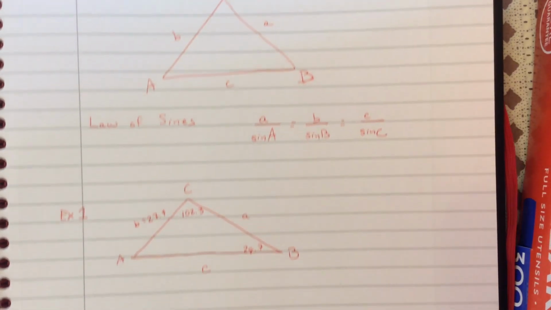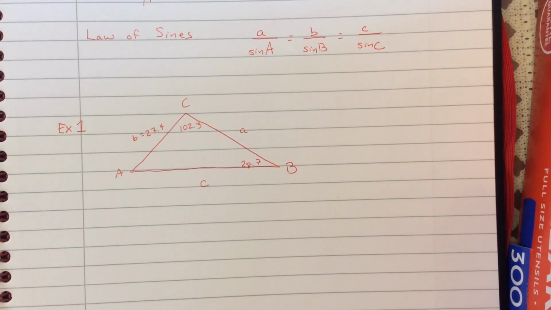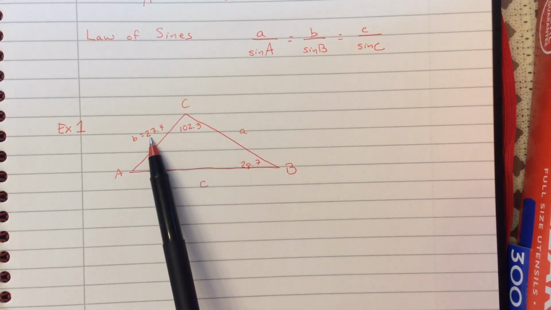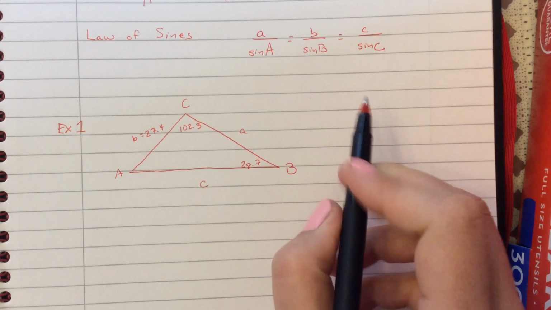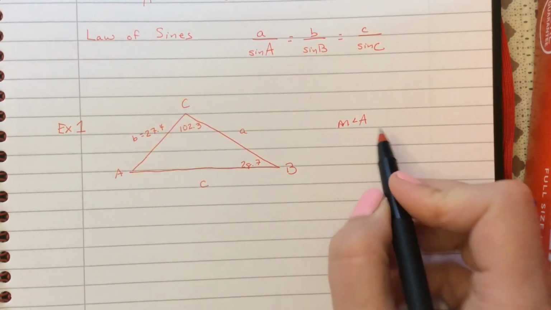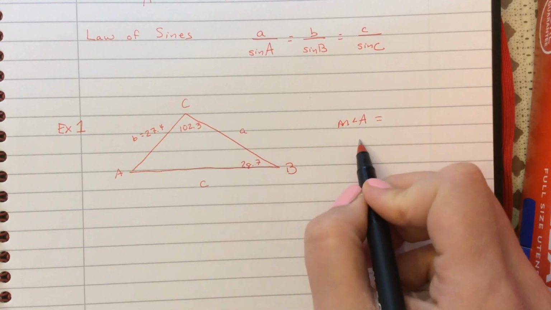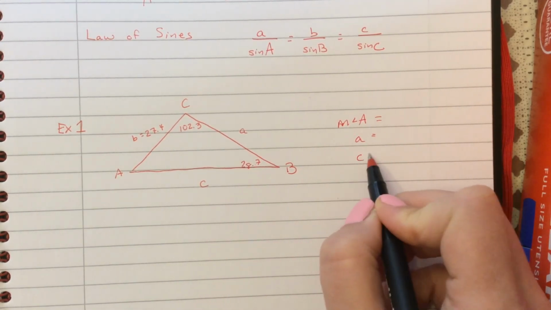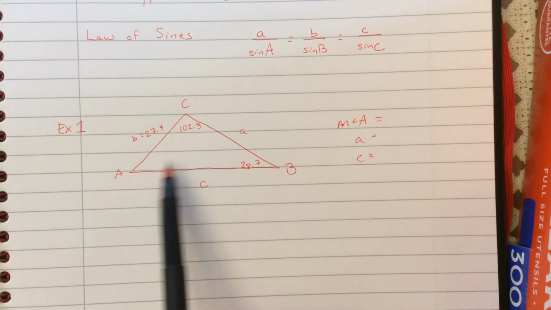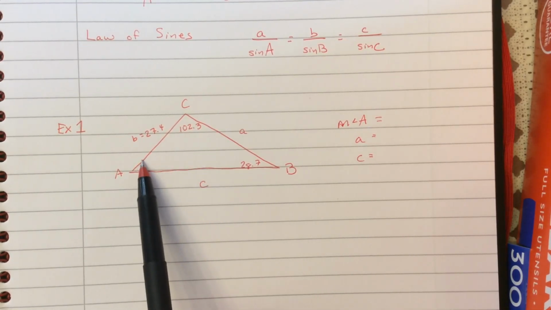So if you look at example 1 in your slides, this is the triangle we're given. So we know angle B, angle C, and side B. So the things we're looking for, we're looking for the measure of angle A, side A and side C. So right off the bat we can think, okay, why don't we solve for the measure of angle A?